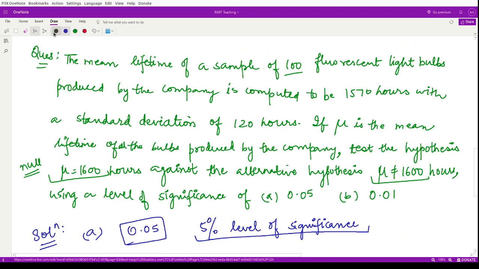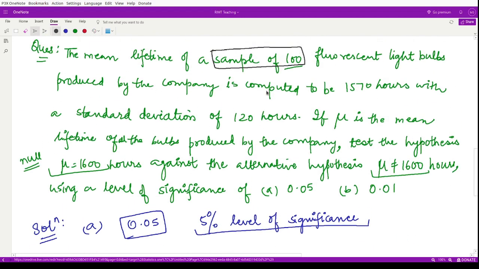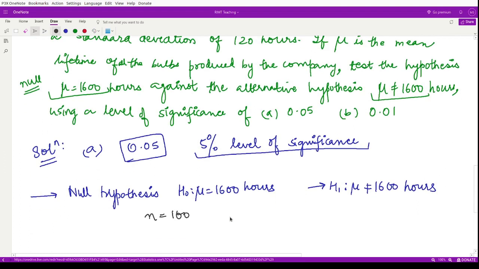After that, we identify the parameters given in the question. You are given a sample of 100 light bulbs. So the number of elements present in the sample, small n, is given to be 100. And then you are given that the mean of this sample is 1570 hours. So this is x bar, which is 1570 hours.